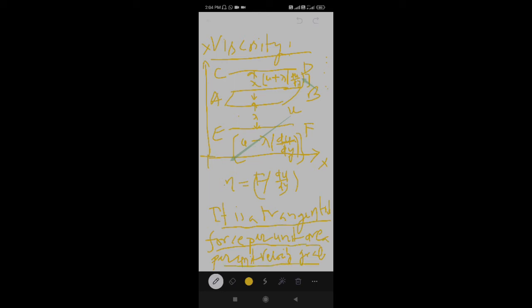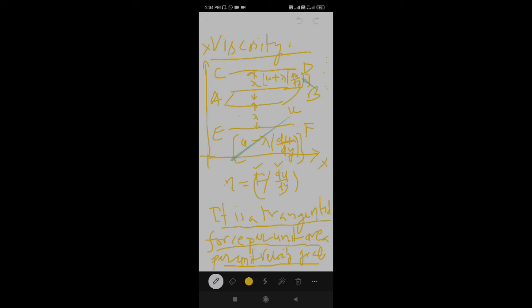So what is the definition of eta? It is a tangential force per unit area per unit velocity gradient. You remember this, you already studied this in your lower classes. At least now you try to remember this. Very simple.